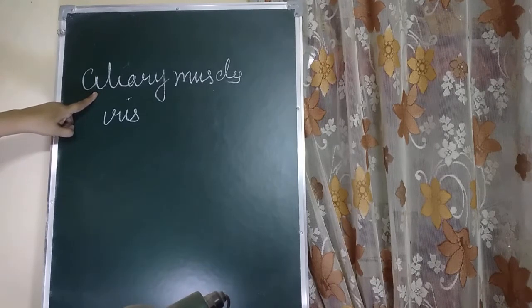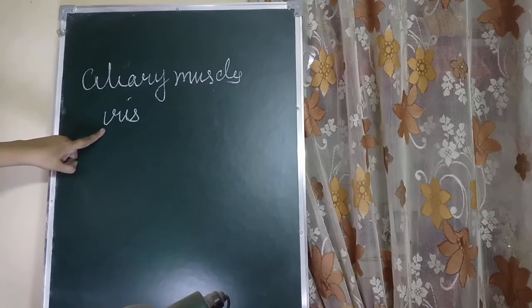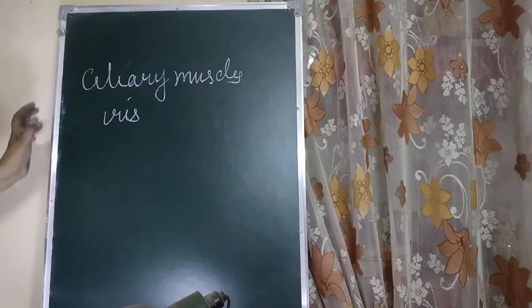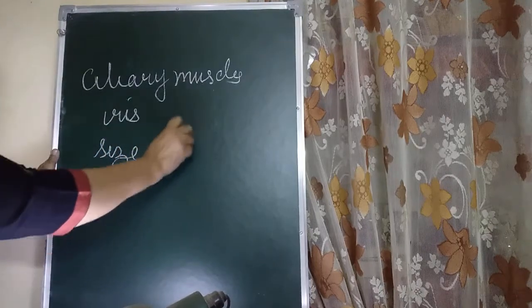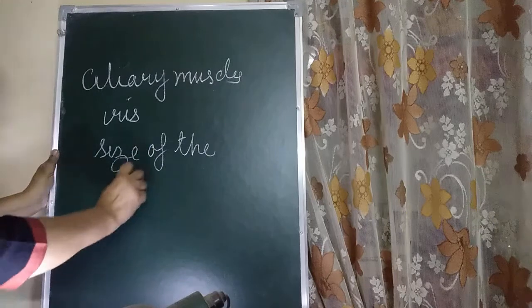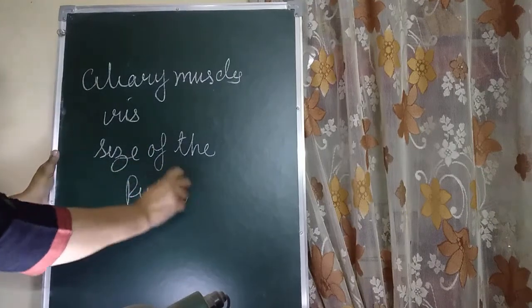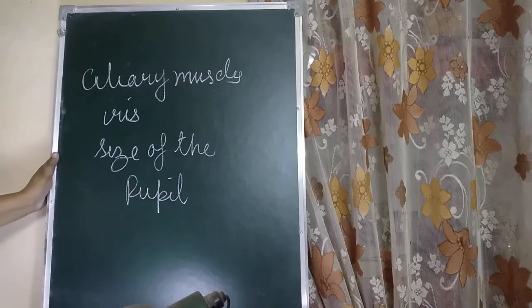And the iris is the colored part of the eye and is involved mainly in controlling the size of the pupil. Fine, children.